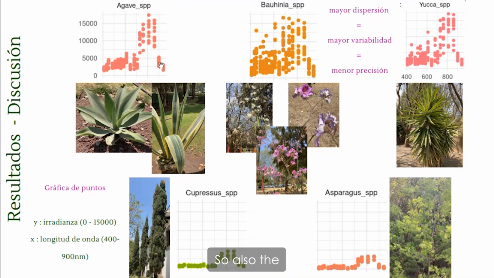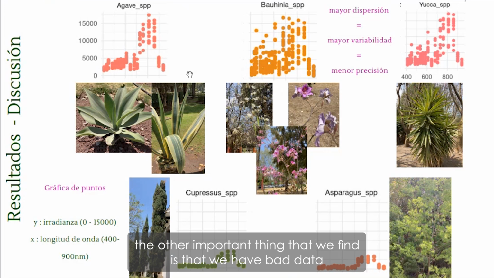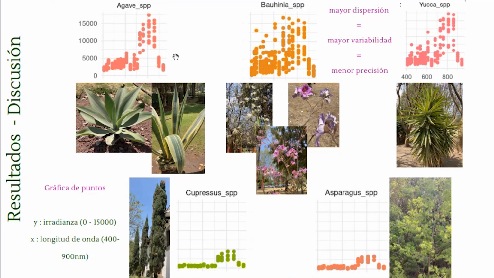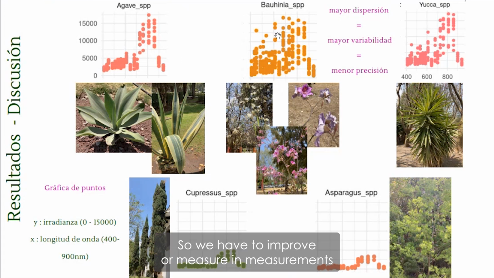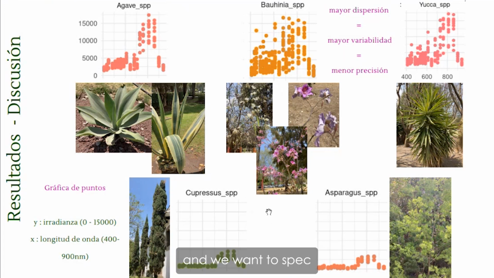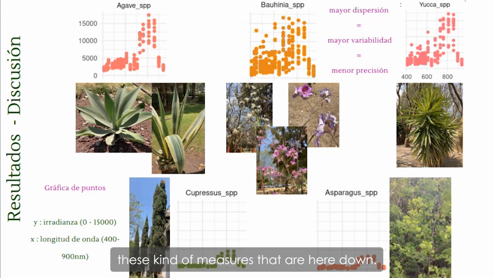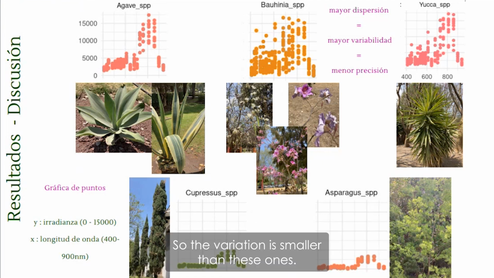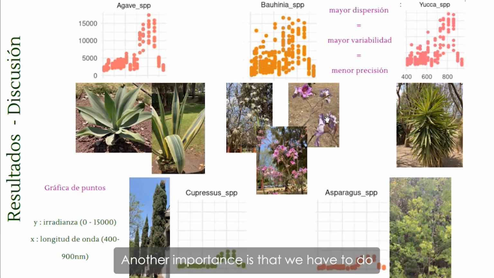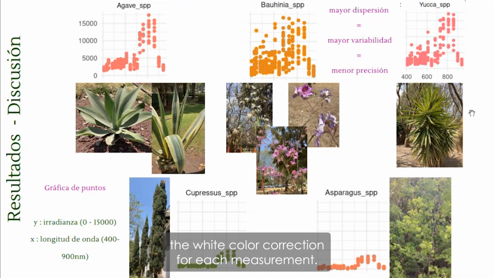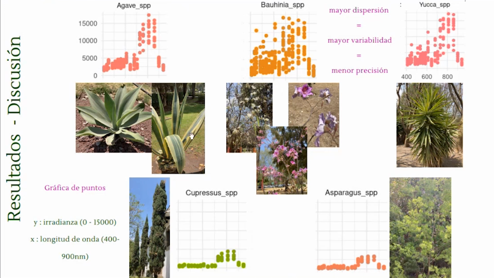So also the other important thing that we find is that we have bad data with a lot of noise in it. So we have to improve our measurements, and we want to expect these kind of measures that are here down. So the variation is smaller than these ones. Another importance is that we have to do the white card correction for each measure.